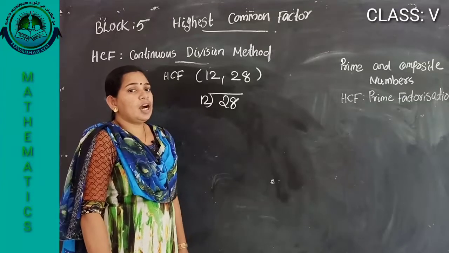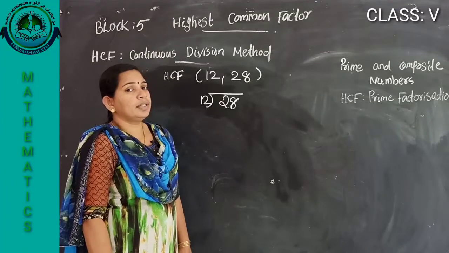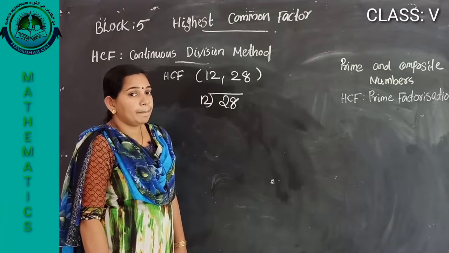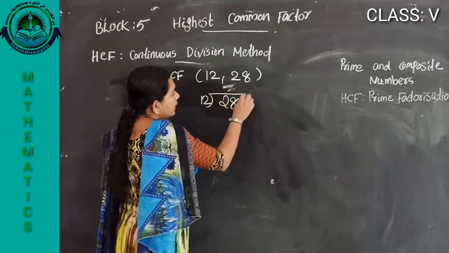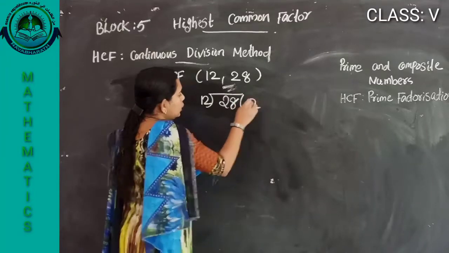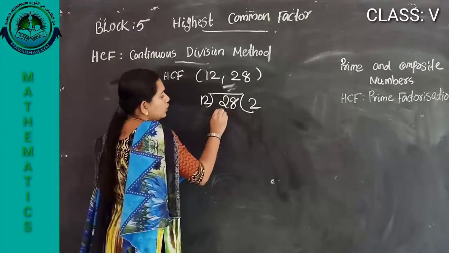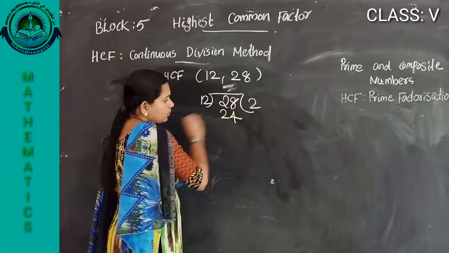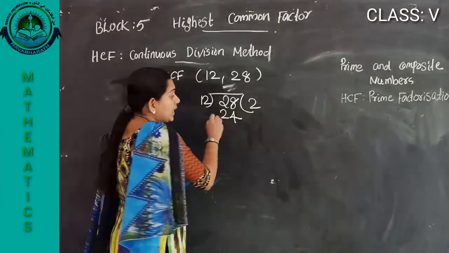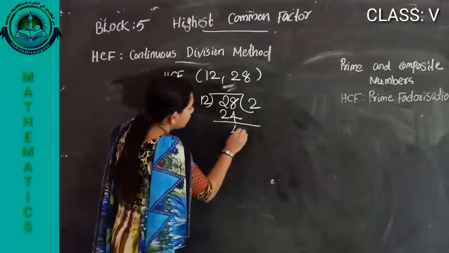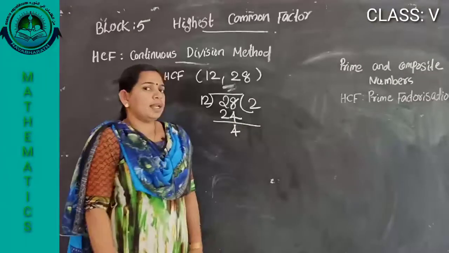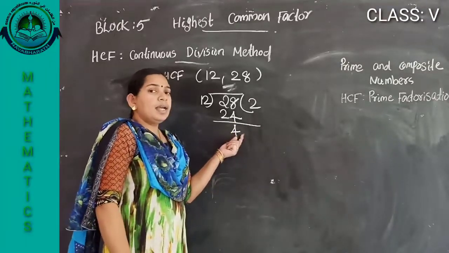In 28, how many 12s are there? 2. We write 2 here. 2 into 12 is 24. Then subtraction: 28 minus 24 is 4. Here 4 is the remainder.